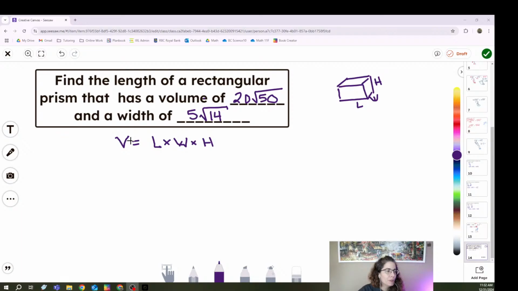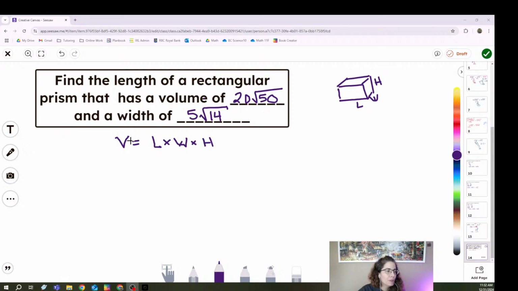Let's give this a height of 3 root 9. No, root, let's go with 18. Should work. Okay, so we've got our width. Now we've got a height of 3 root 18.